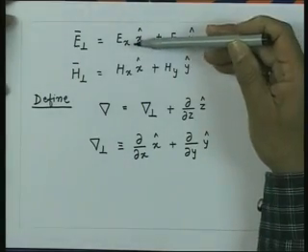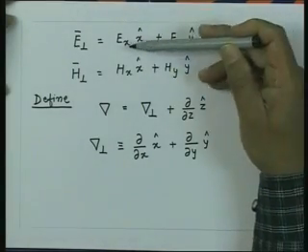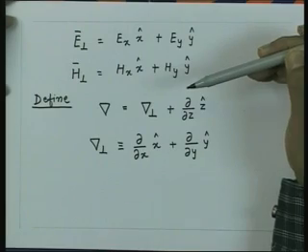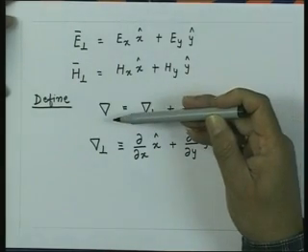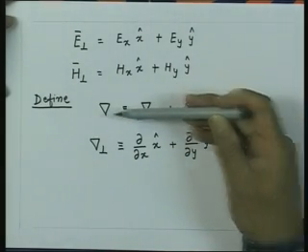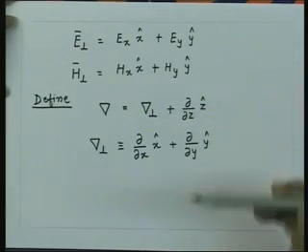So, we define now the fields with their explicit transverse and longitudinal components. We also define the vector operator del in terms of its transverse and longitudinal component.